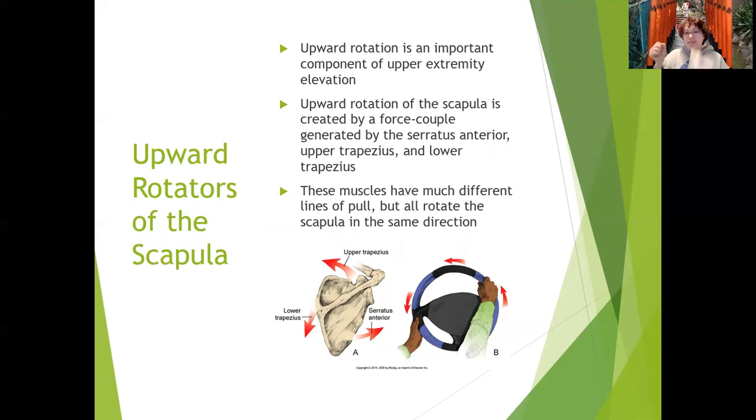The analogy they use is a steering wheel. One hand is pulling up, one hand is pulling down, and you get the rotary motion of the steering wheel. That is a very apt analogy because it's the same thing. The upper trapezius is pulling one way, the serratus anterior is pulling another way, and the lower trapezius is pulling the other way, producing upward rotation of the scapula.